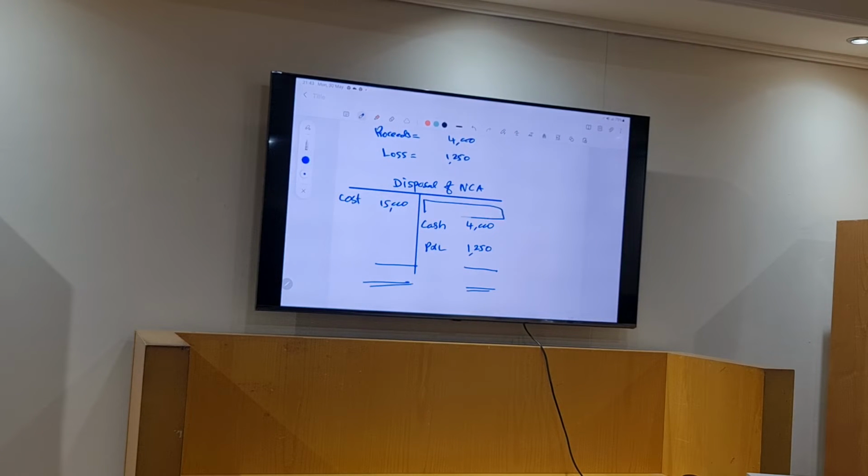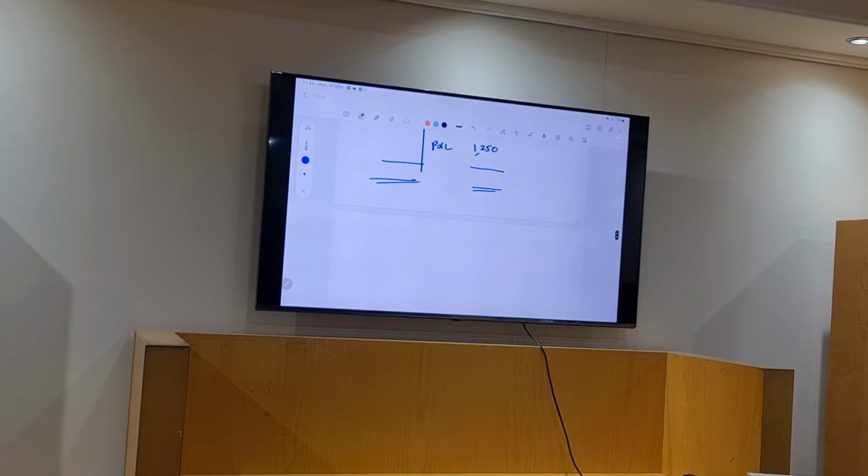Now the issue is that one number is missing here. That one number is my accumulated depreciation. How much is that? 9,750. So this is accumulated depreciation. Now can we calculate the carrying value of the asset we disposed?